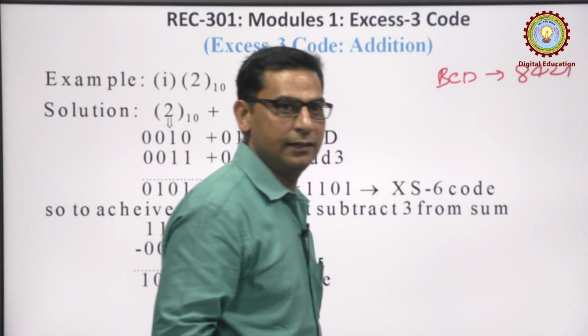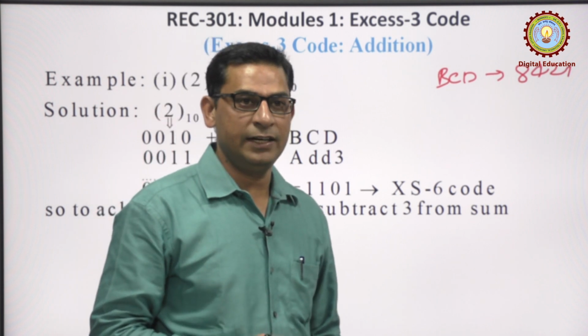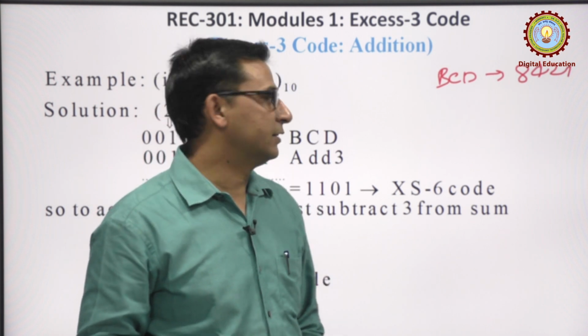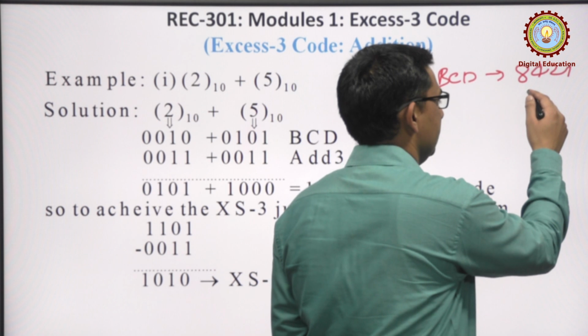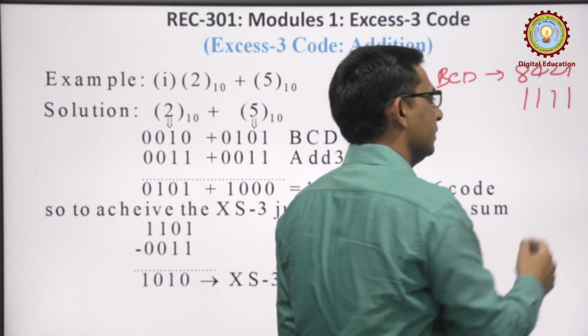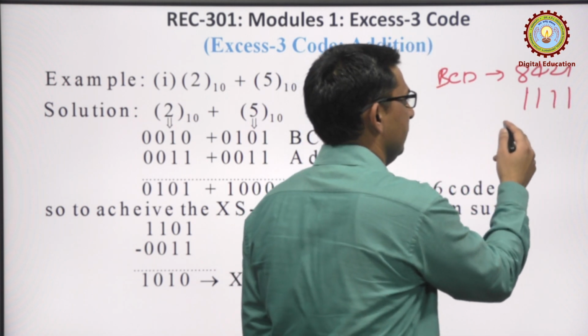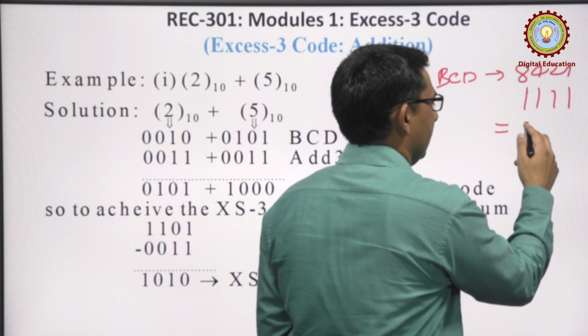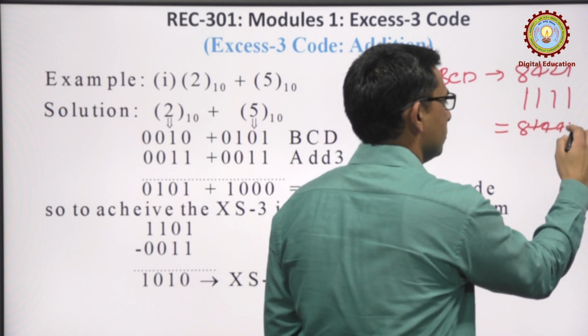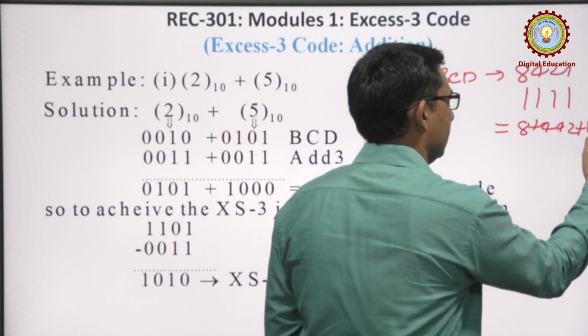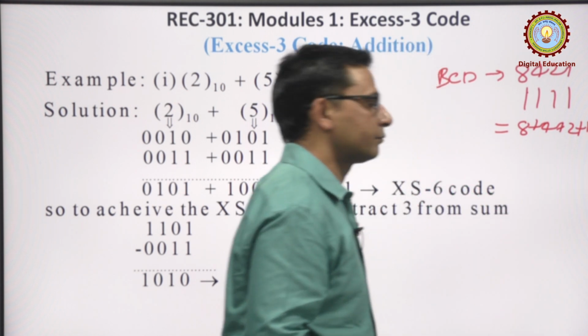These are the standard weights for the 4 digits. For example, if we have a BCD code 1111, the weight for this will be 8 plus 4 plus 2 plus 1, which equals 15.